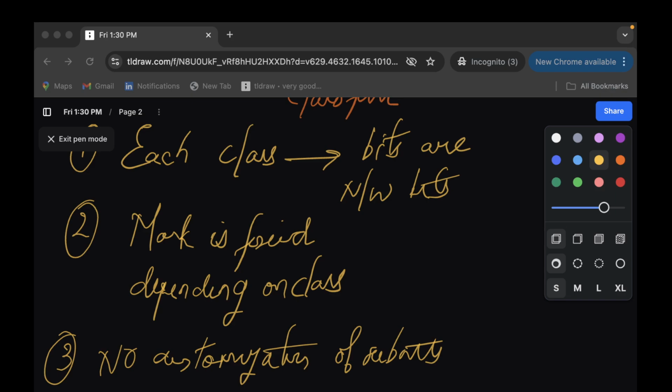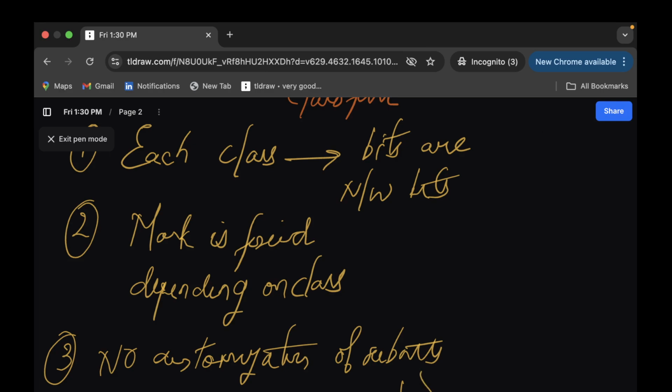If I do classful IP addressing, how is it going to have wastage? Okay, so for example, let's see an IP address.